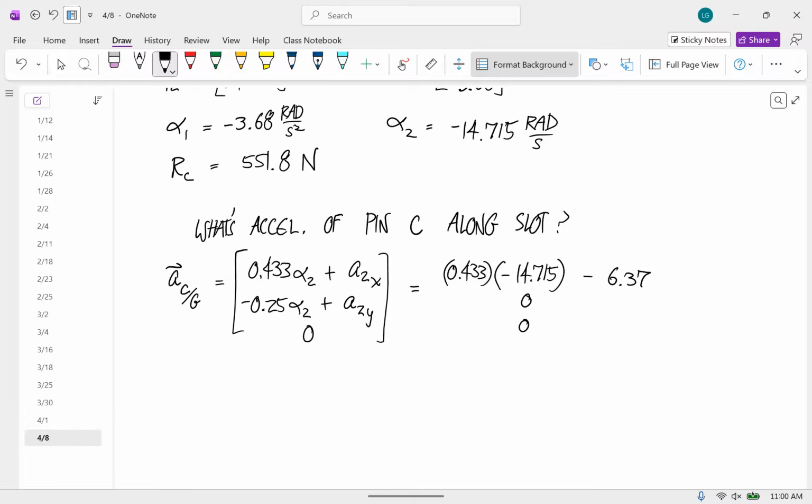We already know that. And so this comes out to be negative 12.7400.